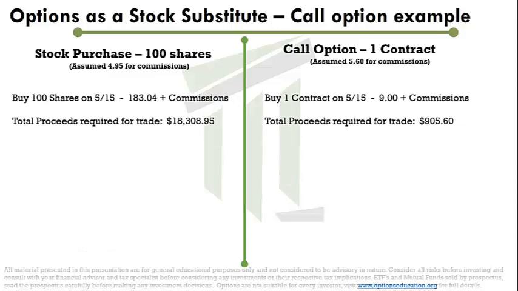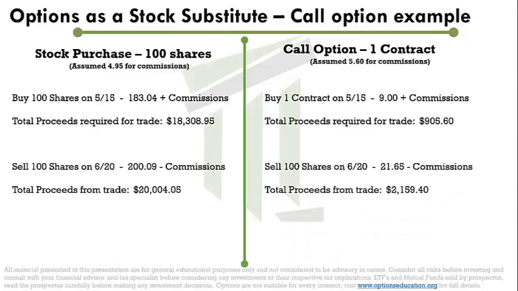When we buy 100 shares of stock on 5/15 at $183 a share plus commissions, our total proceeds required in that position are $18,308.95. If I buy one options contract at $9 a share plus commissions, my total proceeds required are $905.60. So I can be part of the equity market by utilizing a derivative, the option, for a fraction of the cost.